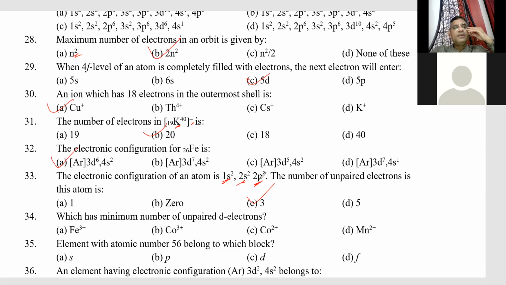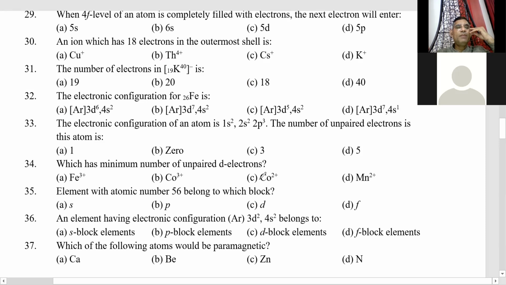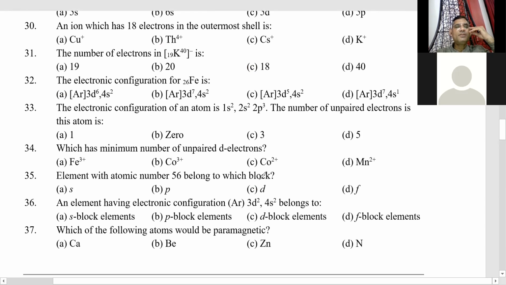Yes. Right? Now, what is the next one? Minimum number of unpaired d electrons.